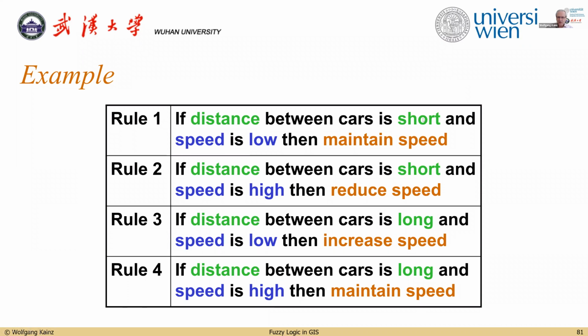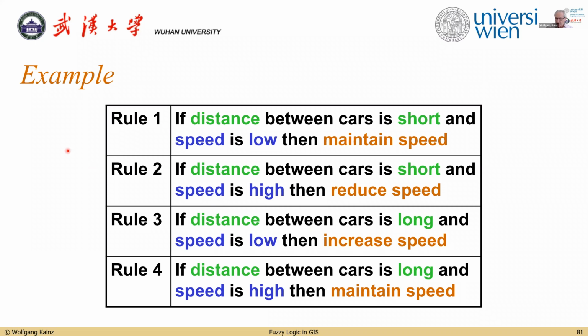For distance, we have short and long distance. For the speed, we have low and high speed. And for the acceleration, deceleration, we have 3 values: reduce speed, maintain speed, and increase speed.